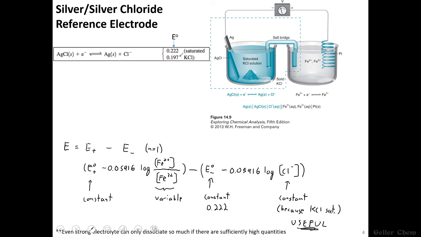That is why we wrote the note earlier that a reference electrode must have a constant potential, and that comes from a constant or fixed composition. And so this entire expression in parentheses is a constant value, and it's that 0.197 volts that we see in the table above.